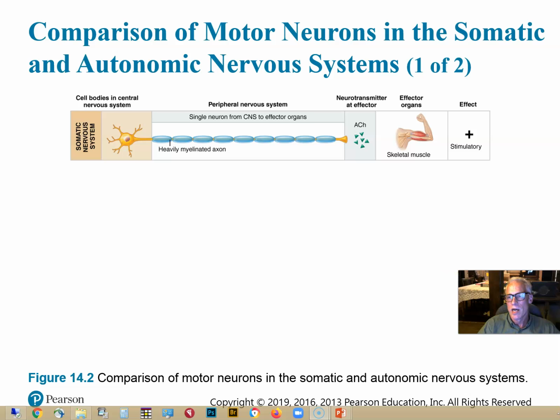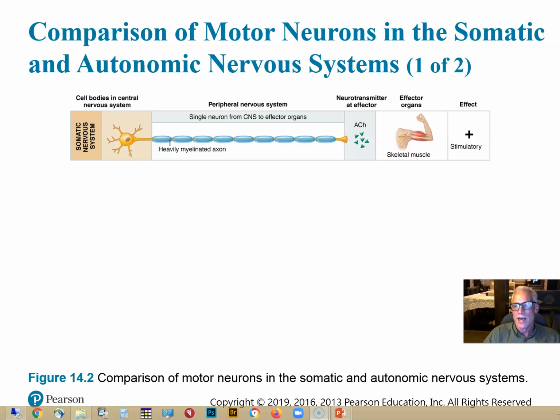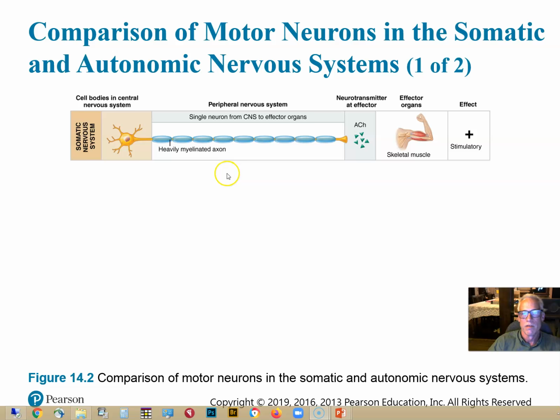So here's a schematic diagram to look at the layout of the autonomic nervous system divisions. The somatic division that we've already talked about has motor neurons of skeletal muscles in the ventral horn of the spinal cord, travel right to the skeletal muscles and release acetylcholine.